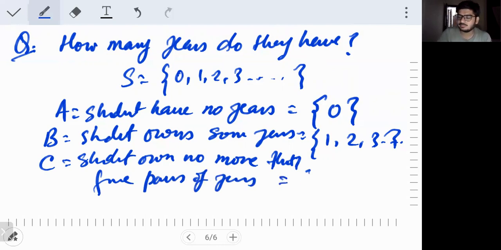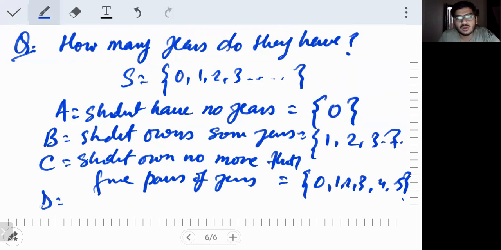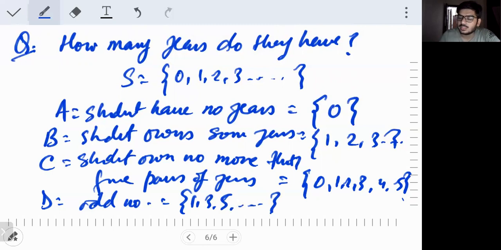That would be 0, 1, 2, 3, 4. We can consider another event, that they have an odd number of pairs of jeans: 1, 3, 5.